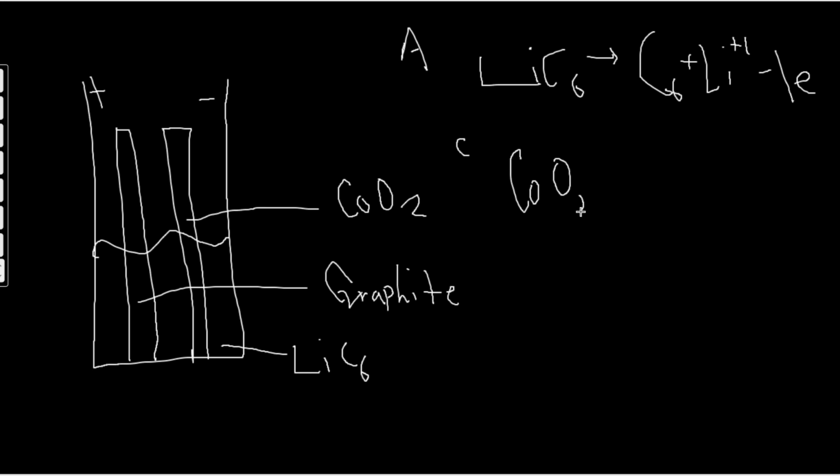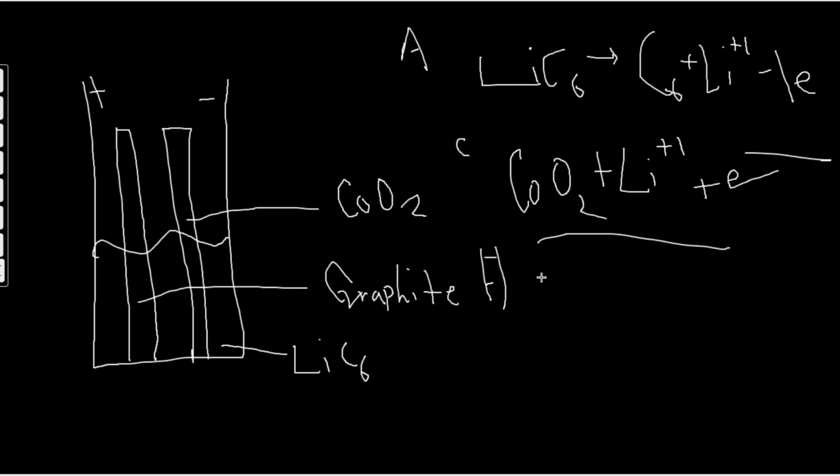Now in the cathode, we have our cobalt oxide. Okay, and that will react with our lithium ion from the previous reaction and the electron to turn into, this is going to be our final product, because in this example the ions are getting transferred from the anode to the cathode, like how it always happens.